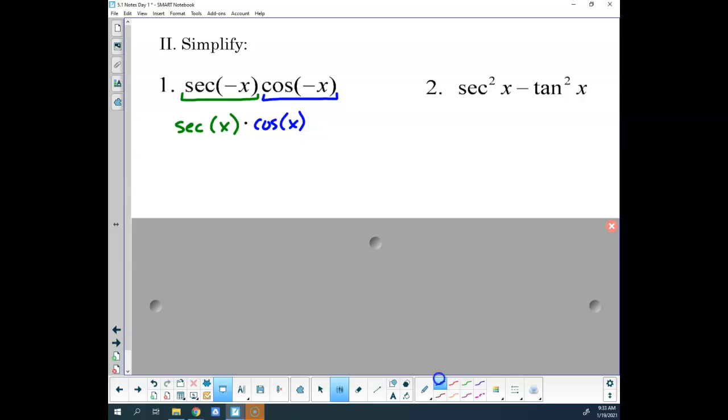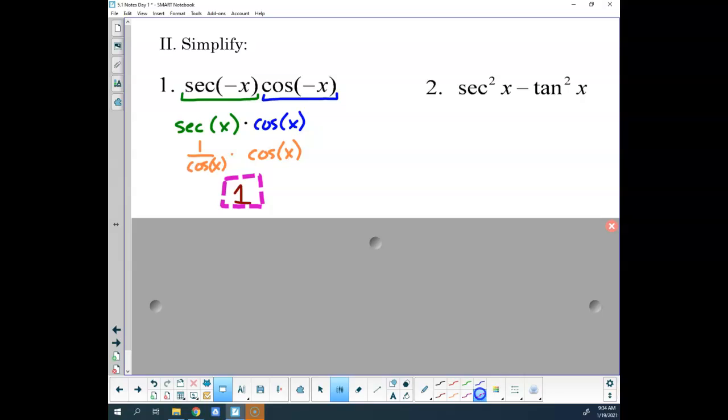Secant is 1 over cosine. One over cosine times cosine is 1. So secant of negative x times cosine of negative x is just 1.